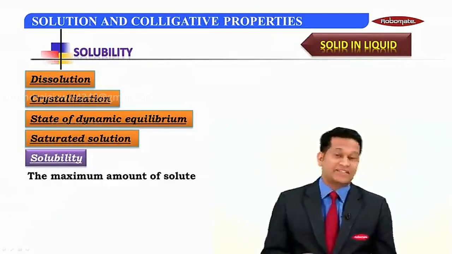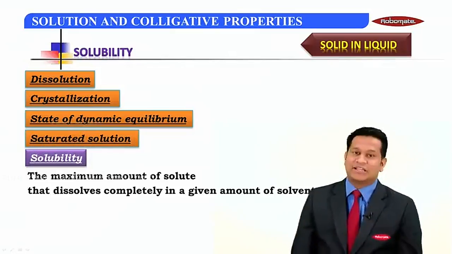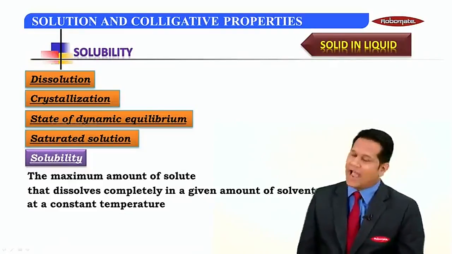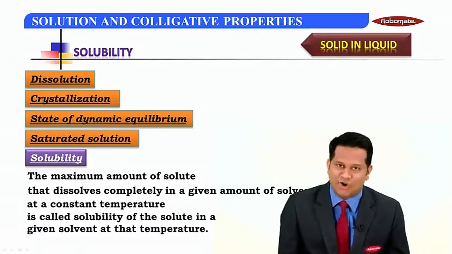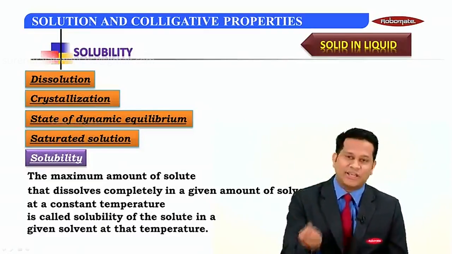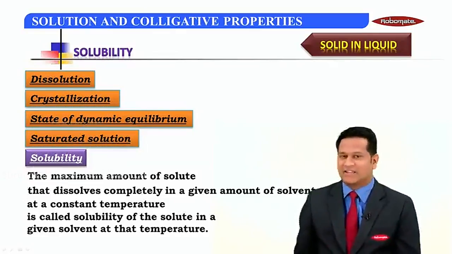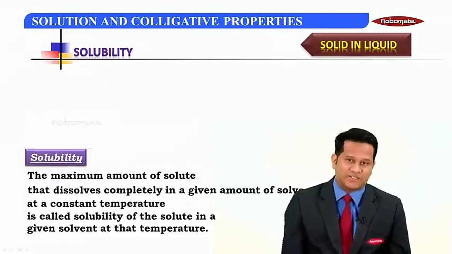It states that the maximum amount of solute that dissolves completely in a given amount of solvent at a constant temperature is called the solubility of the solute in a given solvent at that particular temperature, and that's the definition of solubility.